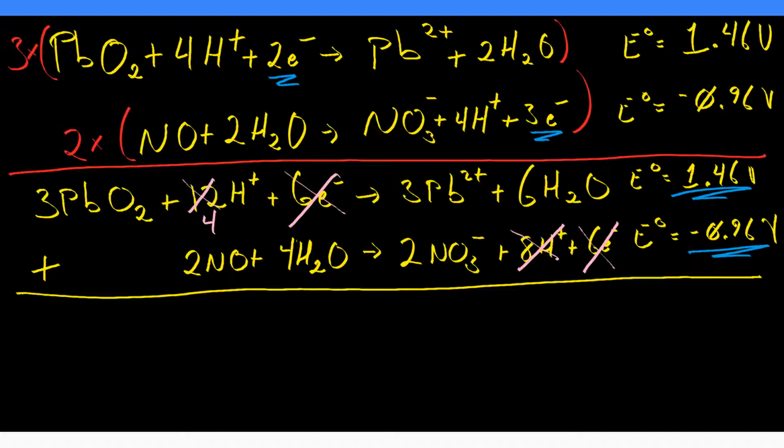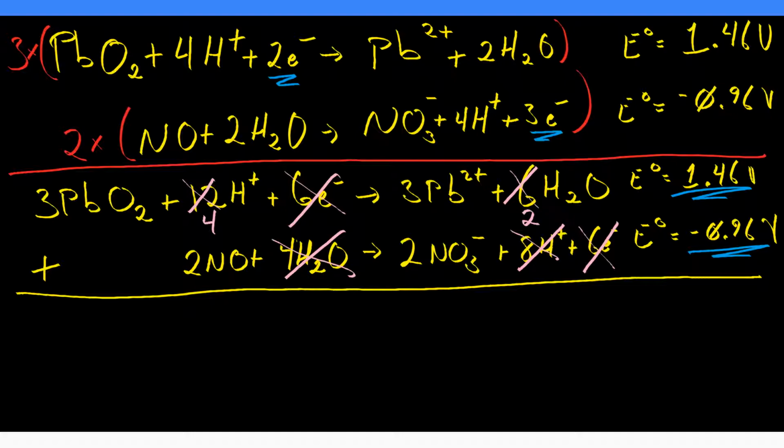And finally, our water. We have 4H2O on the reactant side in the bottom reaction, and we have 6 water on the product side in the top reaction. So those are going to cancel out and leave us with 2 water.